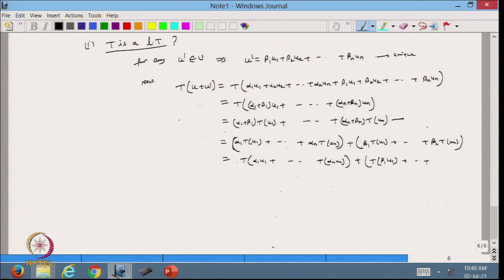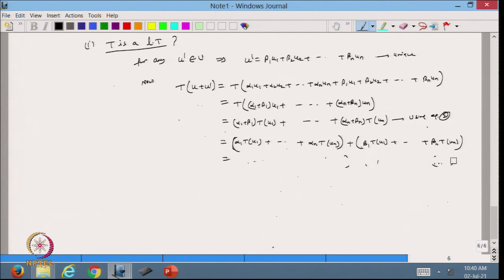Using equation 2, I am doing this as alpha 1 T u 1, because that belongs to the vector space V, and now I am going back from there. Here also I am taking the help of equation number 2, because alpha 1 T u 1 up to alpha n T u n, so I am writing in this way.